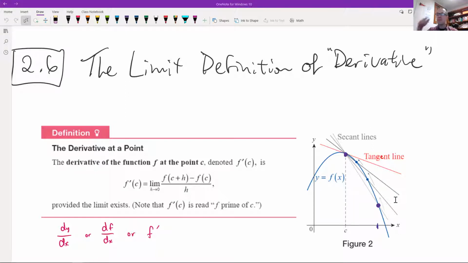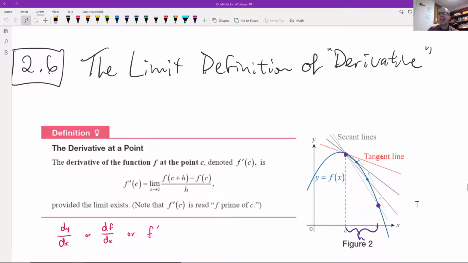You can find the slope between those 2 points, and that's an approximation of the instantaneous rate of change at this point C. But we get closer and closer, we get better and better estimates of that actual instantaneous rate of change if we let the distance between this other point and C get close to 0.